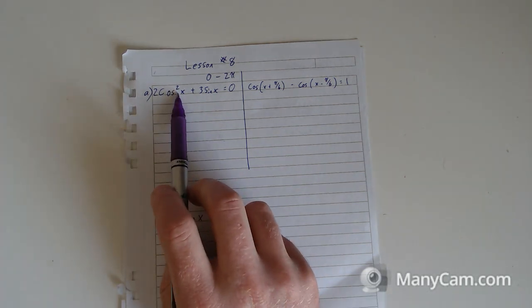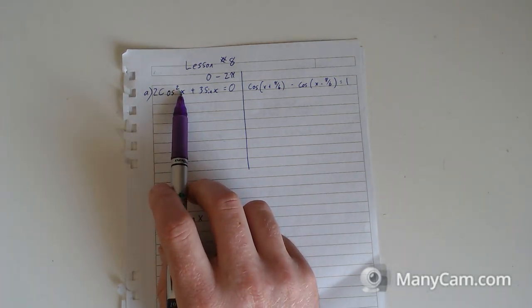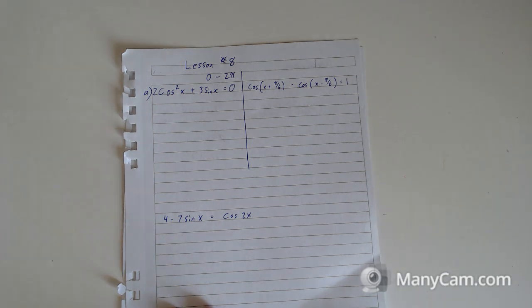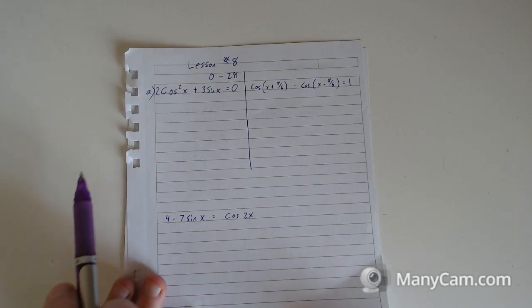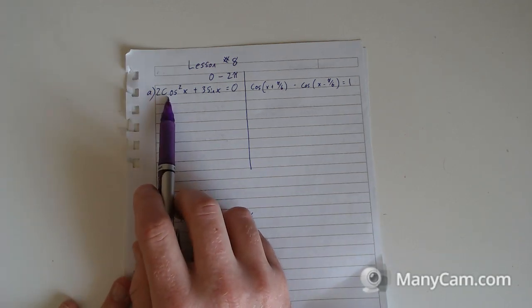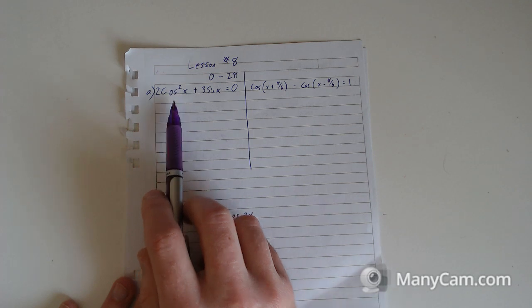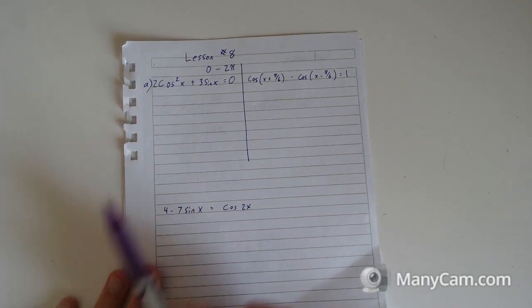And we can't really do it with a squared unless we're going to factor it. So we need to have it just say sine of x or cos of x and be factored to be able to solve this. So the first thing we're going to target is the cos squared of x. We can get rid of that and turn that into a sine.